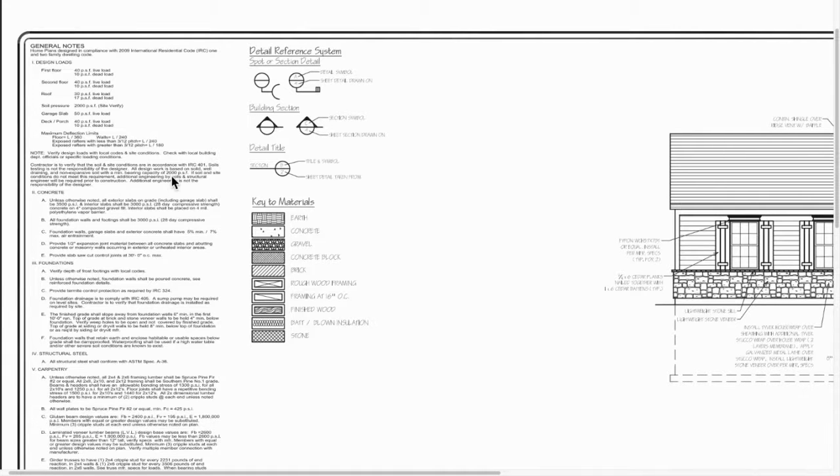Soil well drained, right? Minimum bearing capacity of the soil, 2,000 pounds per square foot. So again, if you were the contractor and you were a little uncertain about the local soil conditions, you might have to go out and hire someone or do a soil boring. What else do we see here?